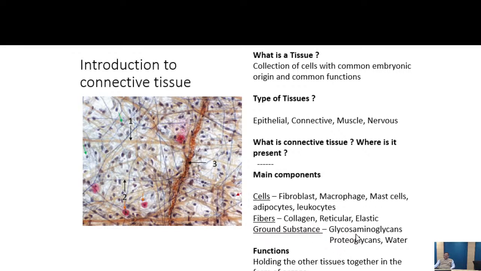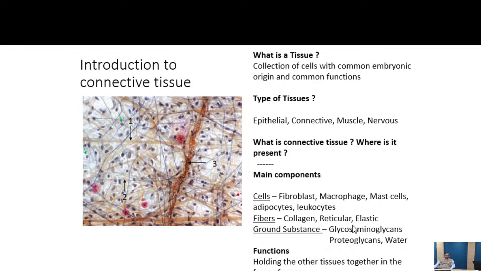When you look at the ground substance, then in the ground substance, you will get something called glycosaminoglycans and proteoglycans and water. These glycosaminoglycans and proteoglycans are actually sugar components. These are polysaccharides, large size polymers, and they bind a lot of water within them.